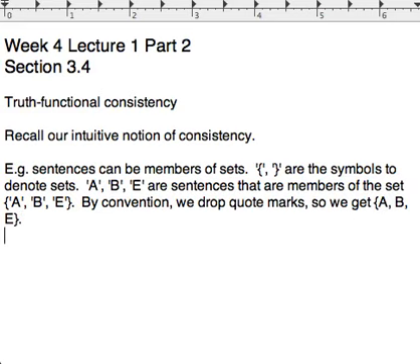And there's one other symbol which I don't think we'll make much use of, but when there's a set with nothing in it, we say it is empty. In other words, we call it the empty set.